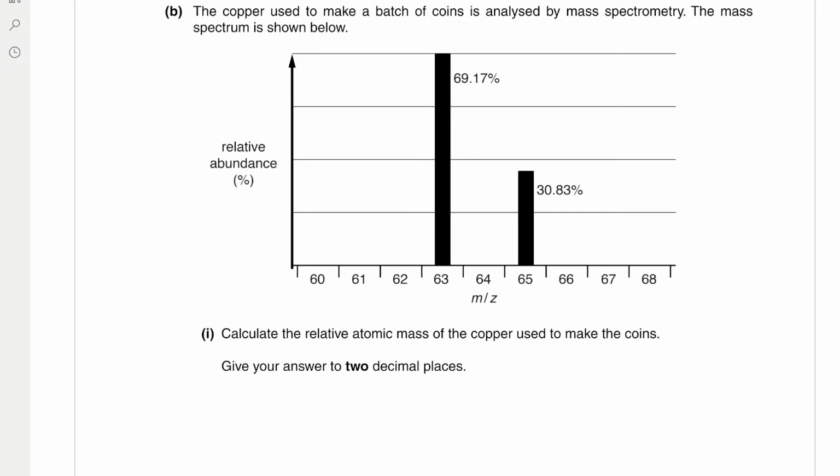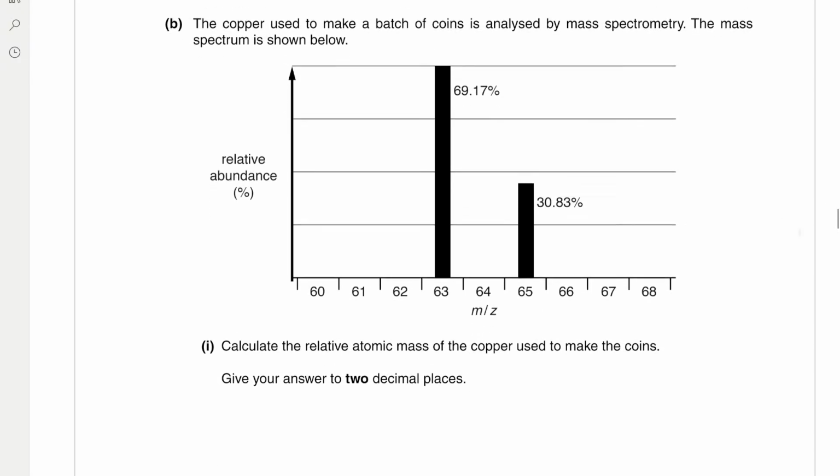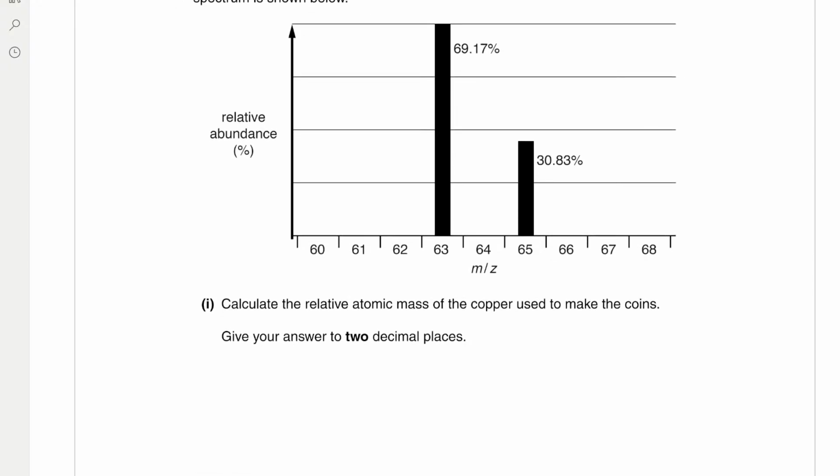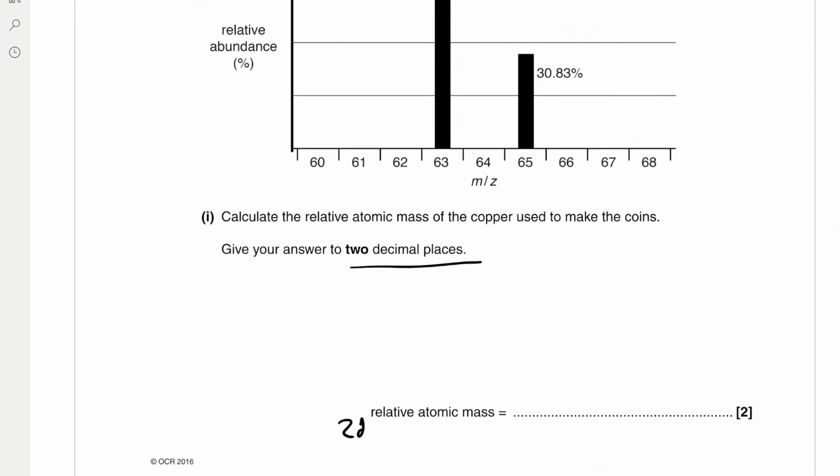The copper used to make a batch of coins is analysed by mass spec. The mass spec is shown below. Calculate the relative atomic mass of the copper used to make the coins. Give your answer to 2 decimal places. So just make a note of that.